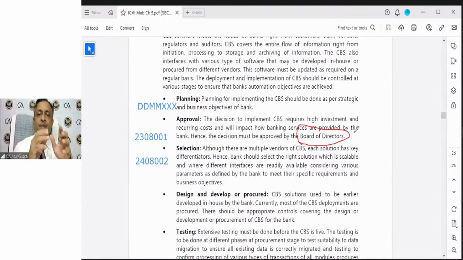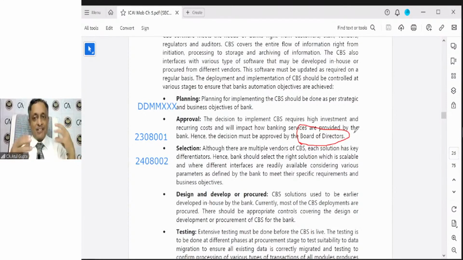If the selection of the software is incorrect, meaning the bank had to buy A category software, but it has bought B category software, and the software selected doesn't have proper internal controls, the controls needed are not there. As an auditor, which standard on auditing are you going to use to communicate this aspect?